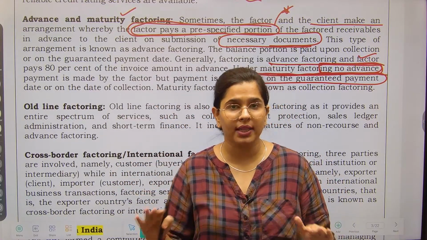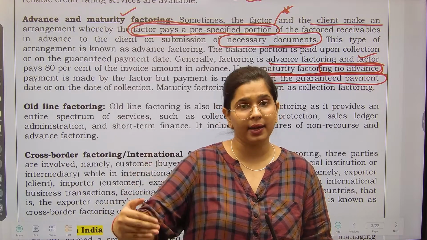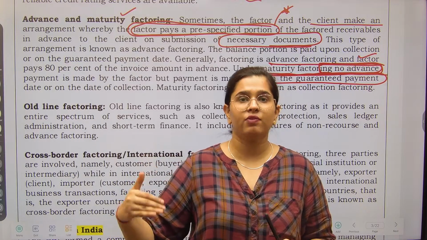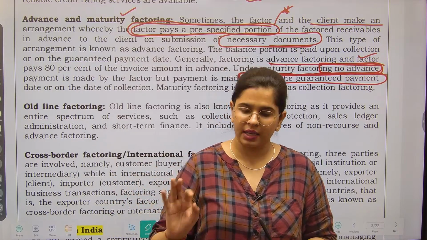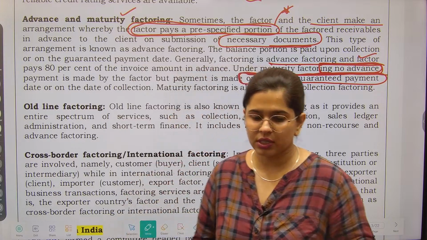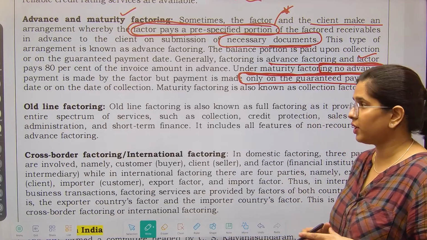But on the date of maturity we will give you 100% irrespective of the collection that we have made. So this is the difference between the advance and the maturity factoring.